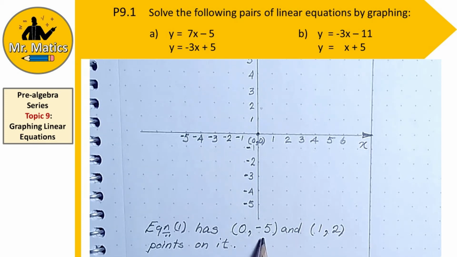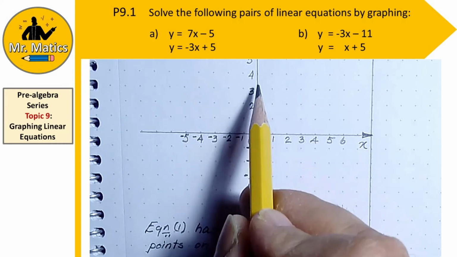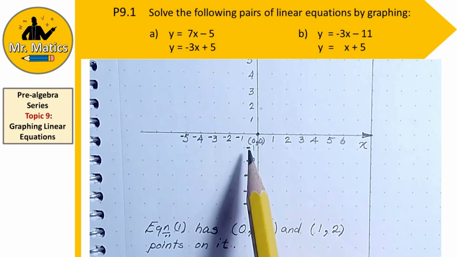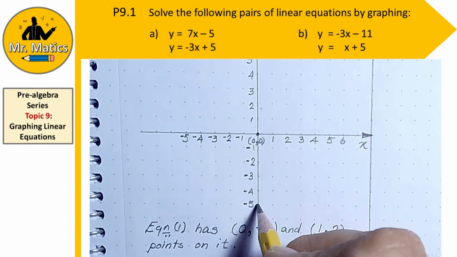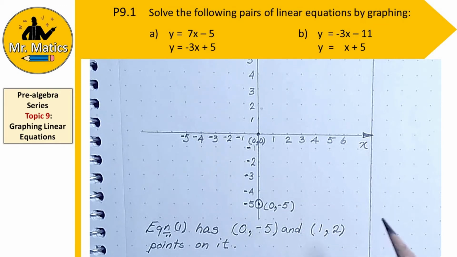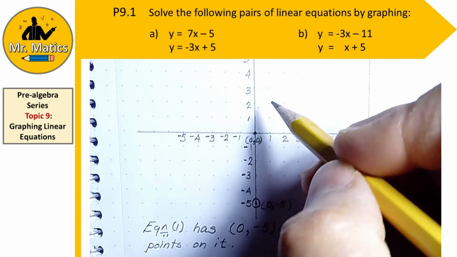So for 0, minus 5, first you have to go on the x-axis, so along this is x equals 0, and -5 will be this point. So that point you can write as 0, -5. And then the other point is 1, 2. 1 will be here, and 1 and 2 would be this dot.